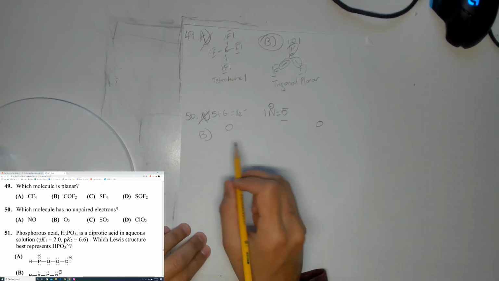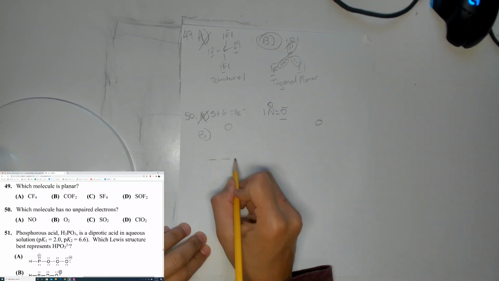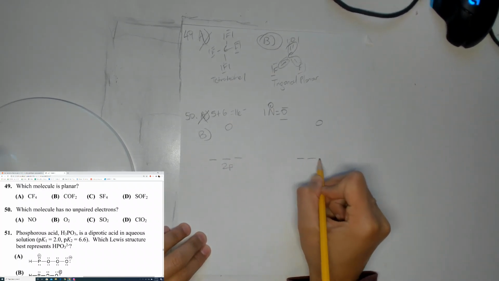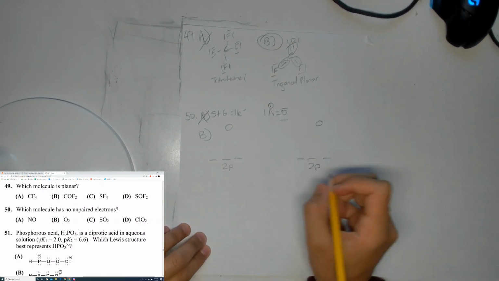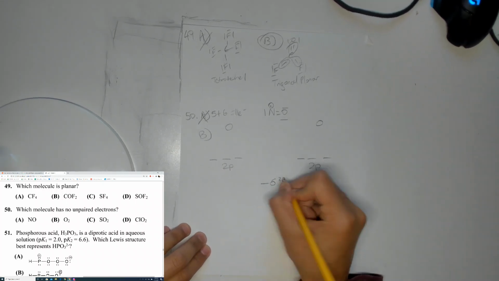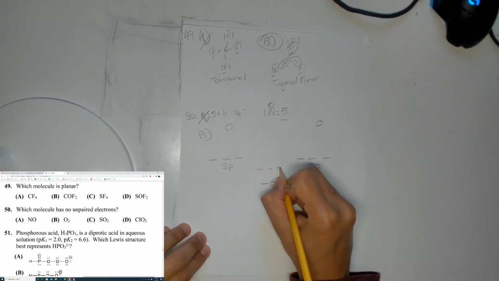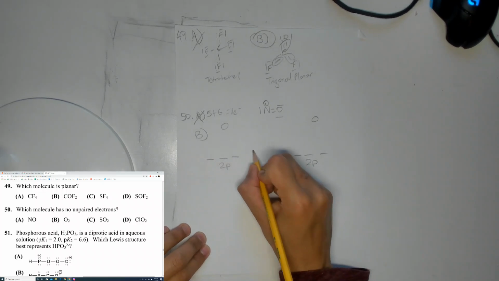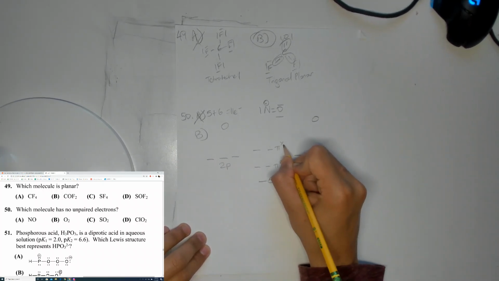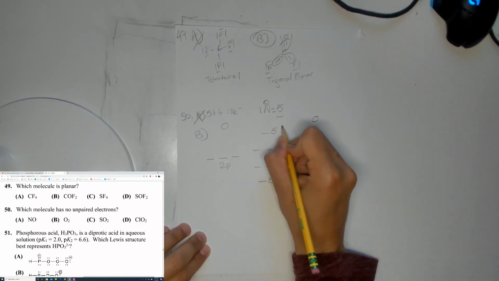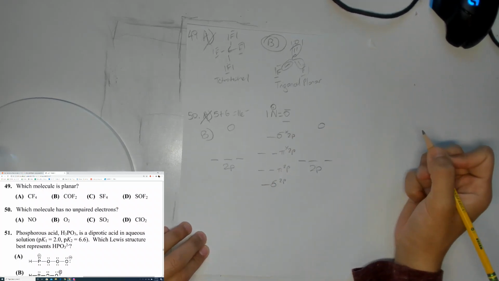So we have 2 oxygen atoms, and let's draw their 2p orbitals. We're going to create a sigma 2p, pi 2p, an anti-bonding pi 2p, and an anti-bonding sigma 2p orbital.